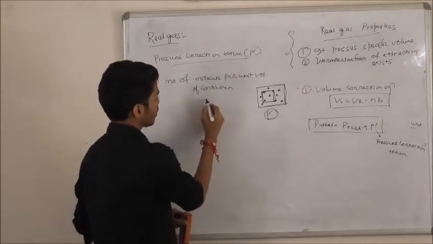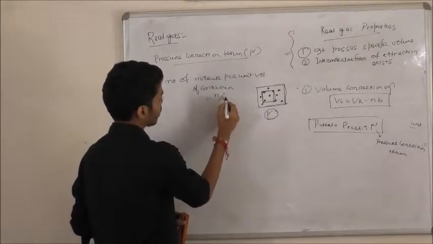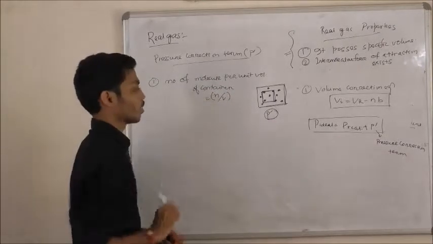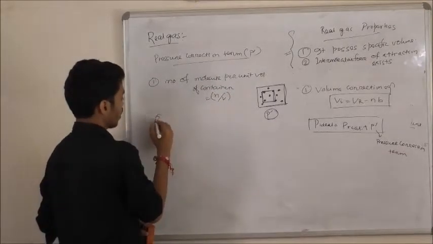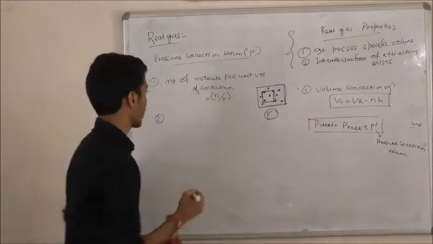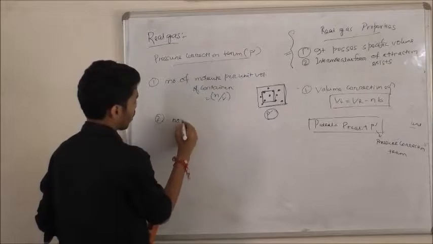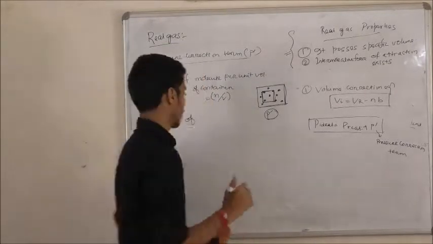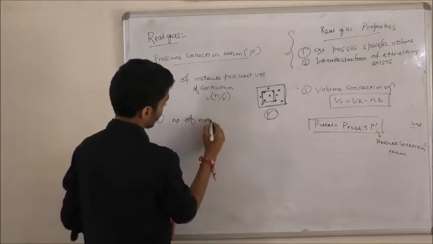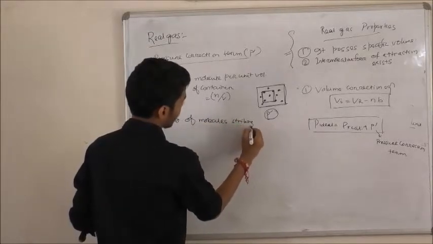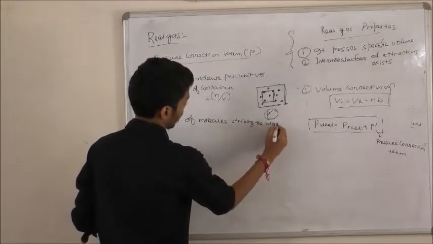If we write this as N by V, where N is the number of molecules per unit volume. Now the second factor on which P dash depends is the number of molecules striking the wall.